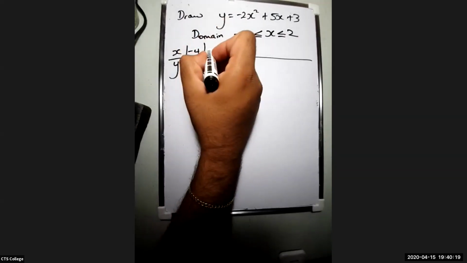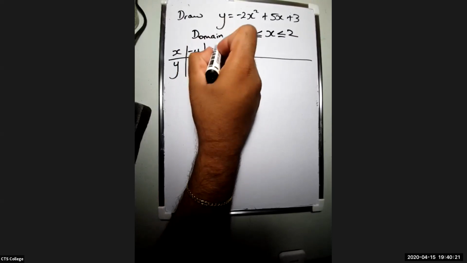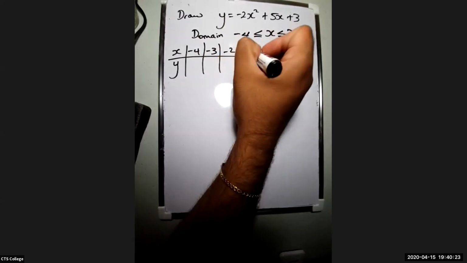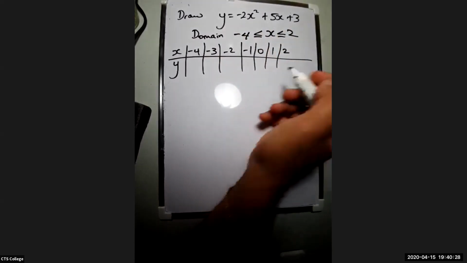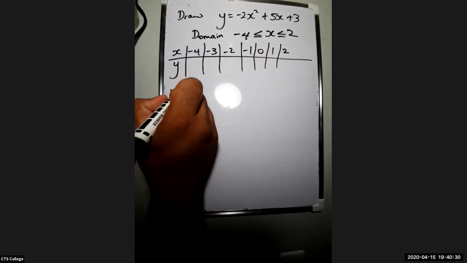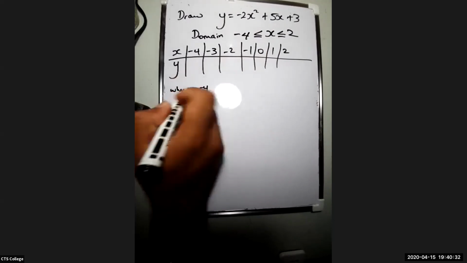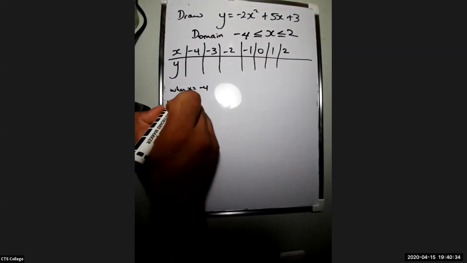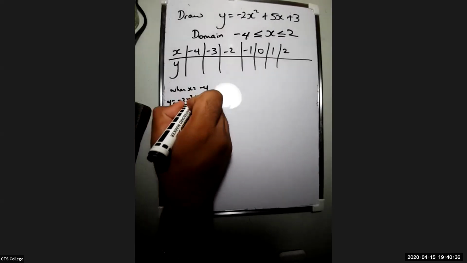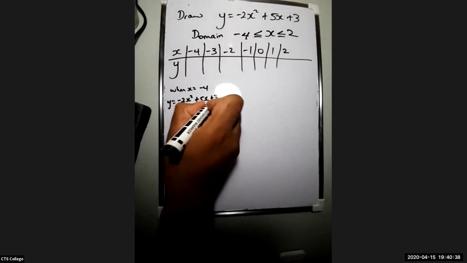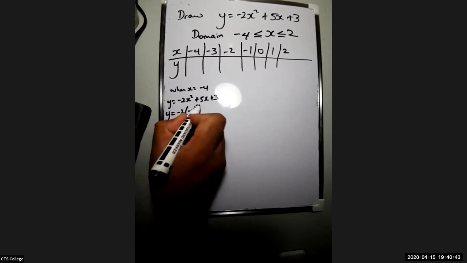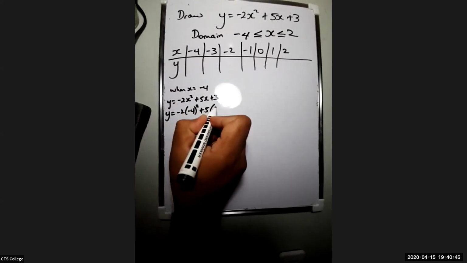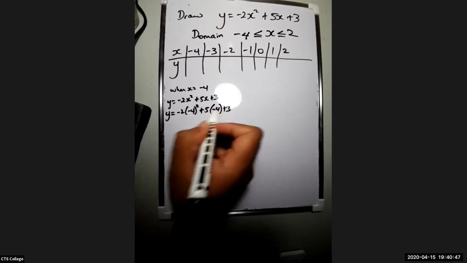-4, -3, -2, -1, 0, 1, 2, right? So when x is -4, y is equal to -2x squared plus 5x plus 3. So y is equal to -2 into -4 squared plus 5 into -4 plus 3.